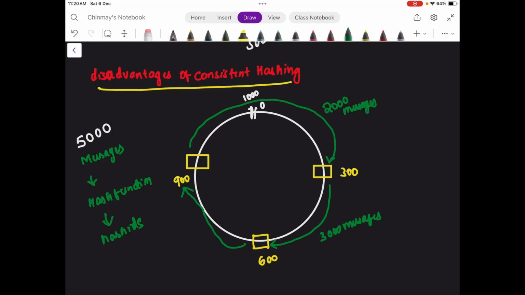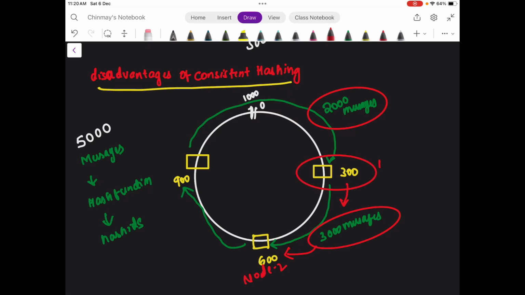All 3000 messages may have hash IDs between 300 and 600, so they all go to node 2. Another 2000 messages may fall under 900 to 300 and go to node 1, and node 3 will be empty.